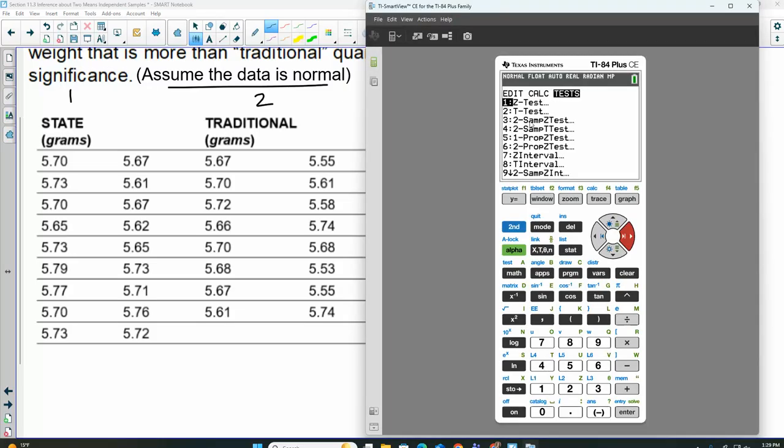Yesterday we were doing number 2 because we were just doing the difference. Now we're doing the two separately, so 2-sample t-test. You have to base it off data or stats. If you have stats, a lot of your questions on the homework will have that because it's really time consuming to enter all this. You just have to enter the mean, standard deviation, and the number for your different sets.